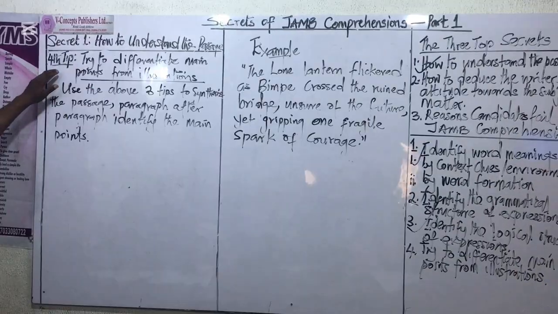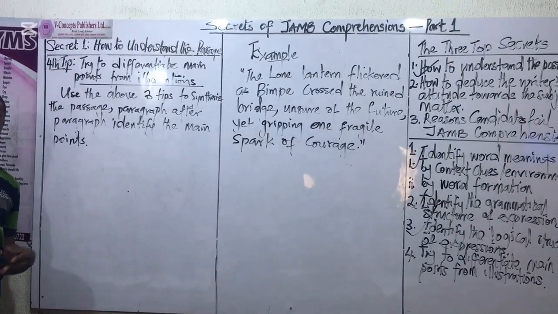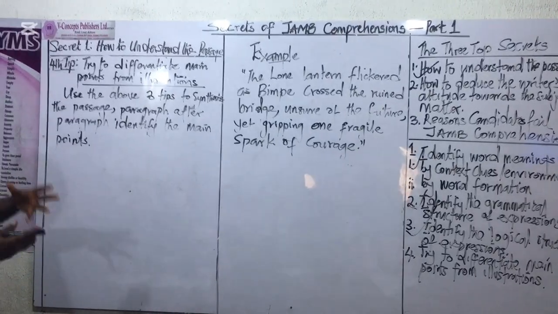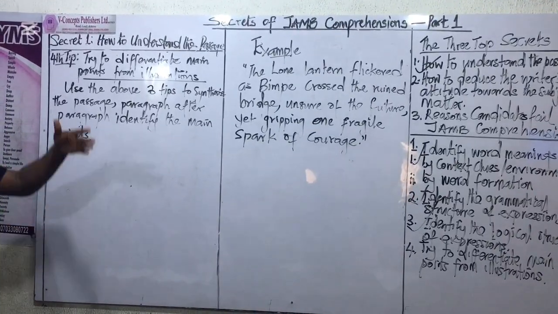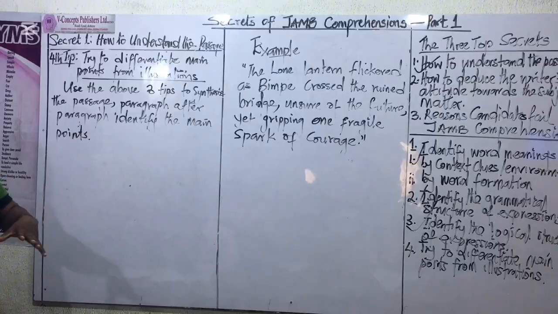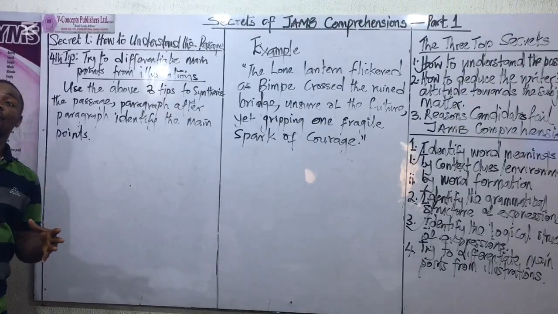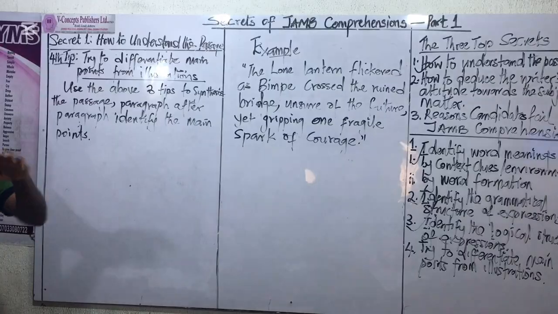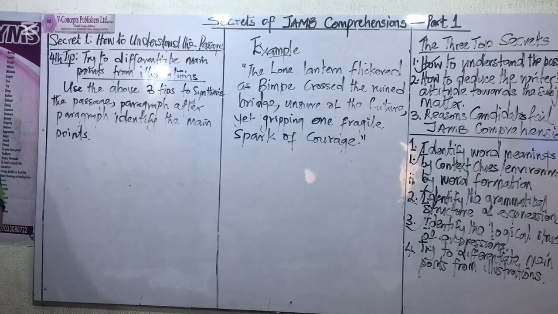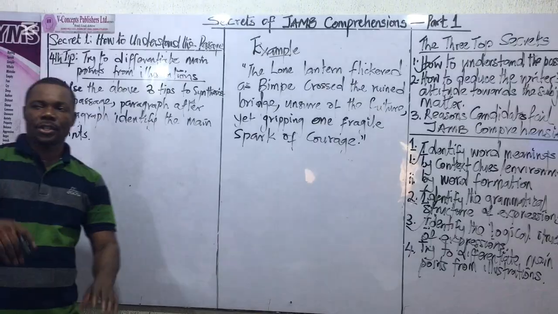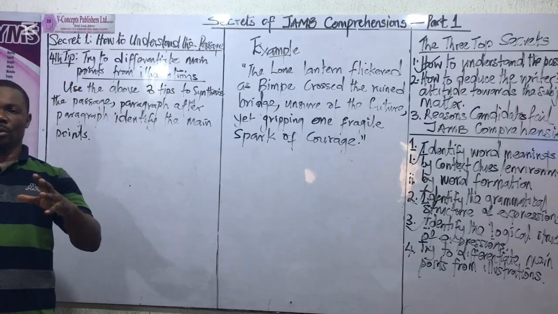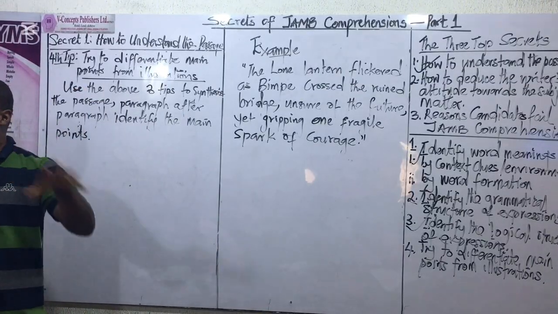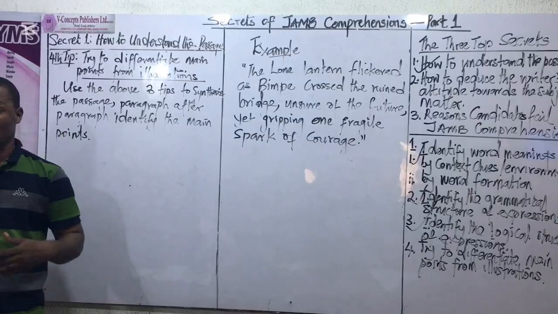So finally, in this video today, we're going to talk about how to use tips 1, 2, and 3 to synthesize a passage and to bring out the main point and to filter that out of the illustrations that you could be given. And take note that in a passage, you could normally have different paragraphs: paragraph 1, paragraph 2, and all of that.